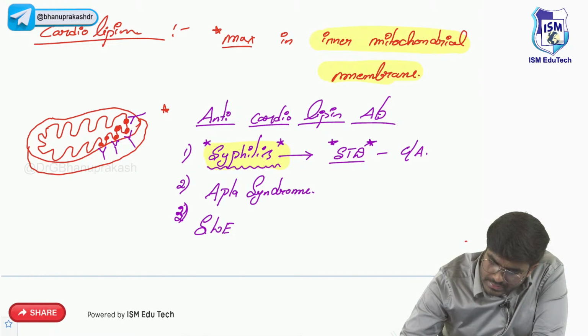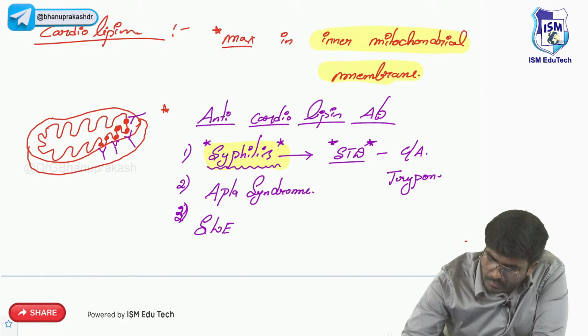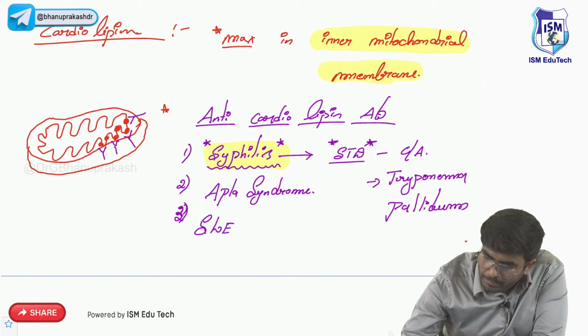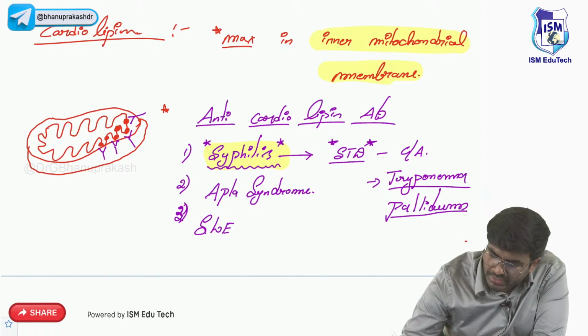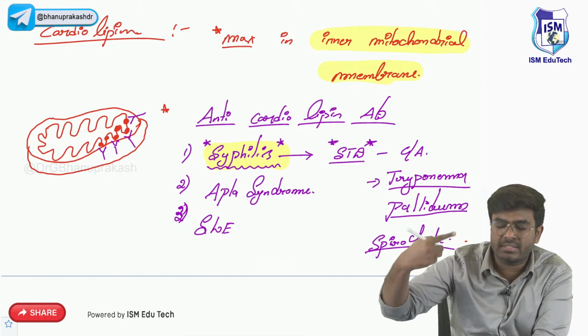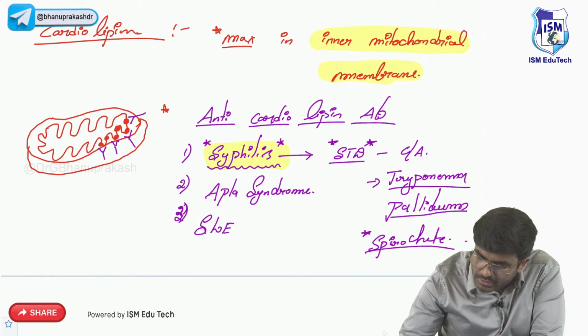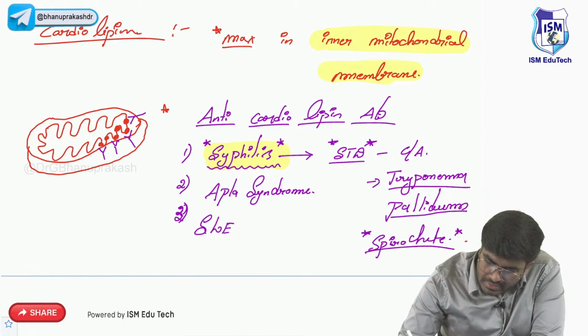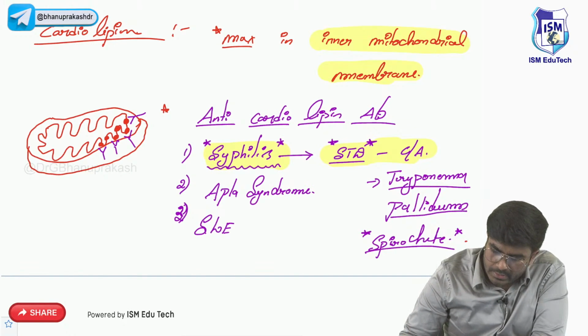No, it is Treponema pallidum. Treponema pallidum is a spirochete, meaning these organisms are spiral in structure. So Treponema pallidum is the organism which causes syphilis.